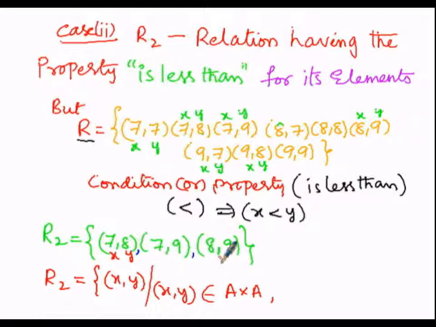So here we can write the condition as x less than y, or in other words the property is x less than y for this relation R2. So this is the set builder form of the relation R2. Then now let us go for the third case, that is case number 3.